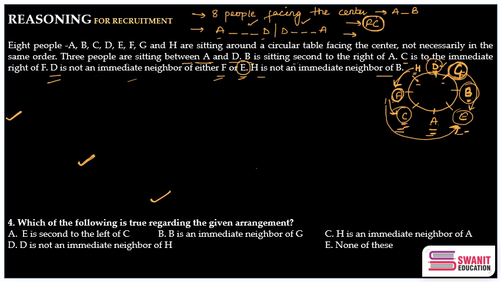H is an immediate neighbor of A. H is over here, A is here. That's not true. D is not an immediate neighbor of H, but they are the immediate neighbors. That means the only correct option here is option number B, and that's how we solve a question based on sitting arrangement in the segment of logical reasoning in Accenture Drive.